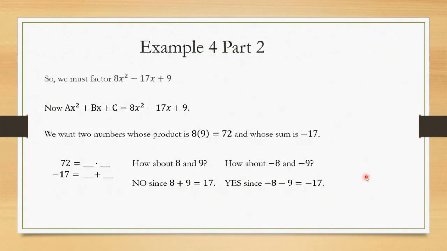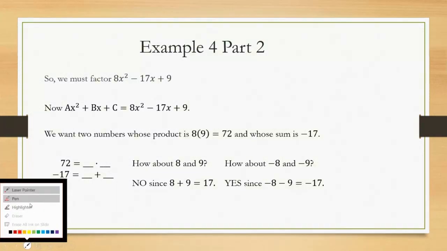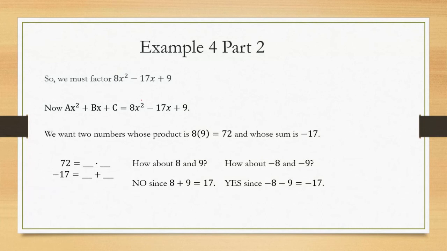Okay. Anyway, so we have to factor this thing. Now, how do we do that? Again, we need 2 numbers whose product is 8 times 9. So we get 8 times 9 first.